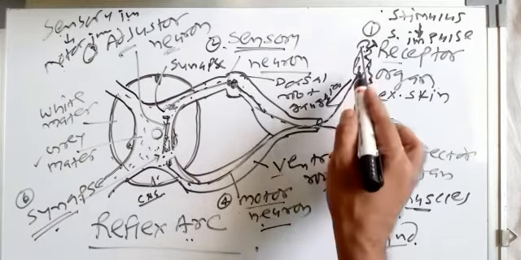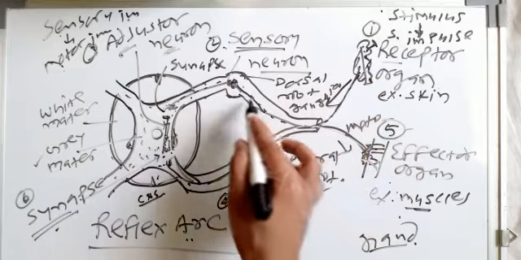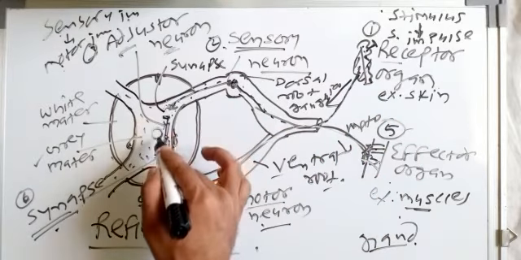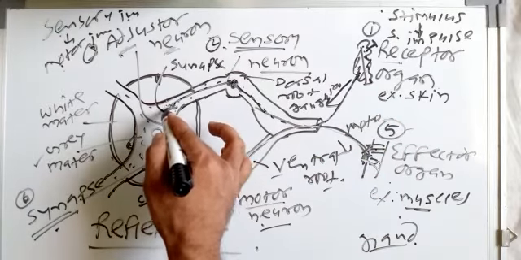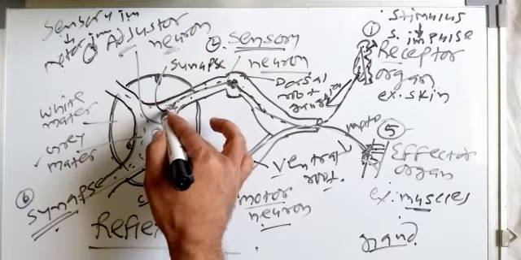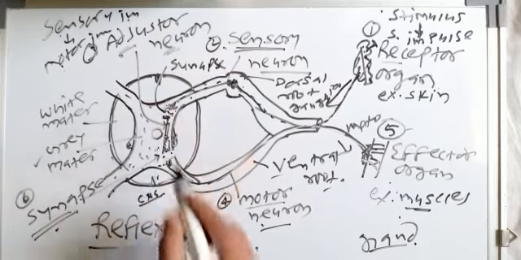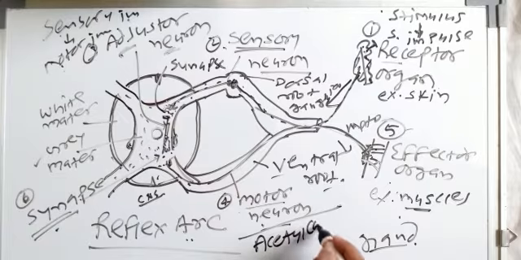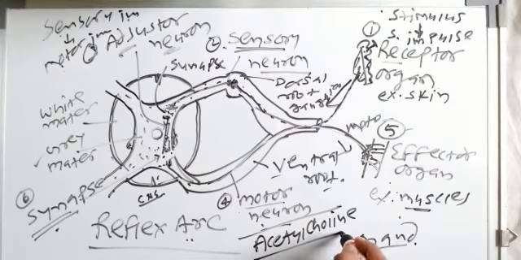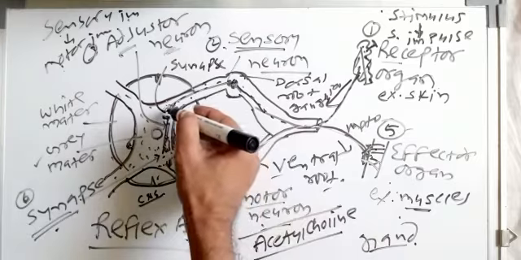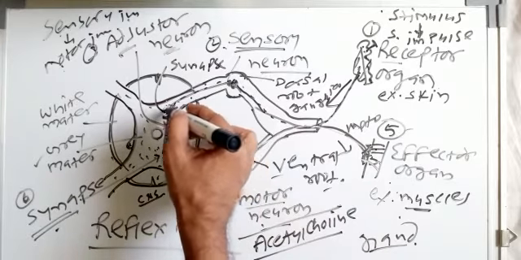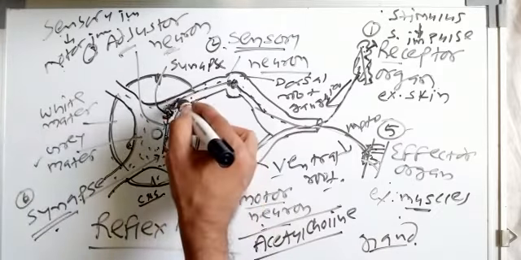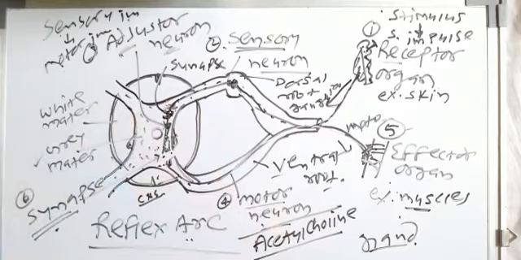Now when the sensory impulse comes here, it does not pass further. So what happens is that at this synapse a neurohormone is secreted, named acetylcholine. Now this acetylcholine is a neurohormone, and that neurohormone fills the gap in the synapse and the impulse is transmitted towards the adjuster neuron.